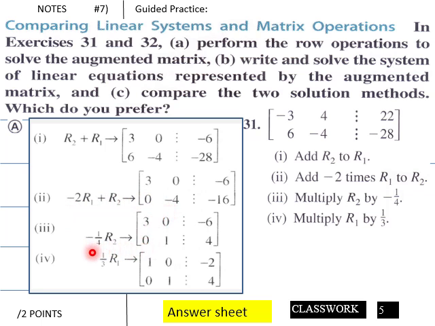And then we do -1/4 of row 2. Then we end up with our 1 here and then 4. And -16 multiplied by -1/4 would be 4. So here's our row 2 down here. And then 1/3 of row 1 would give us 1 and then -2.